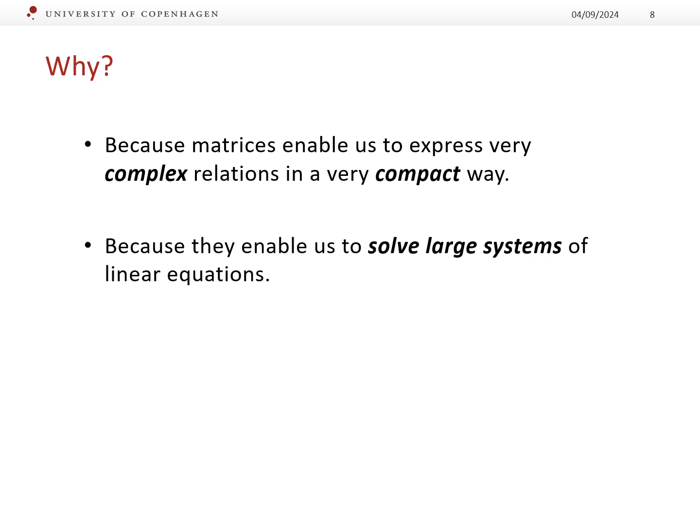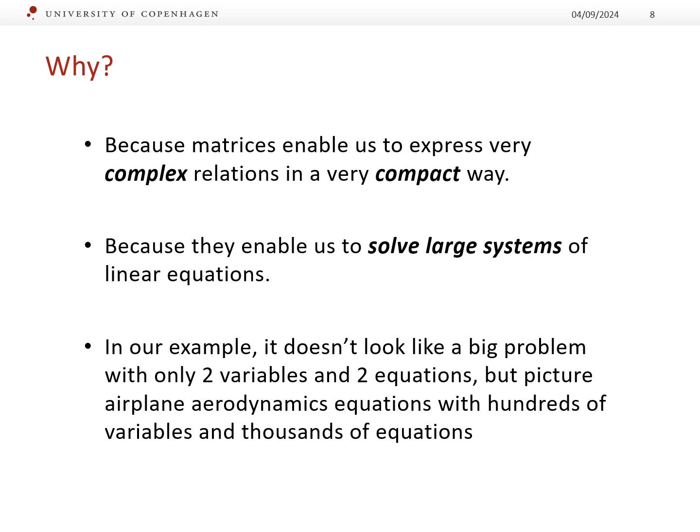It also enables us to solve large systems of linear equations. And in our example here, it doesn't really look like a big problem because we only have two variables and two equations. But picture airplane aerodynamics equations, for example, with hundreds of variables and thousands of equations to be solved at the same time for optimization.